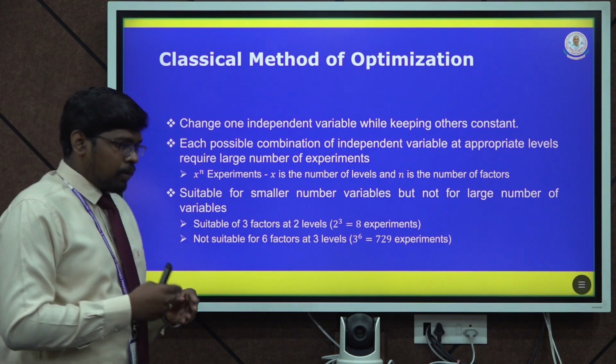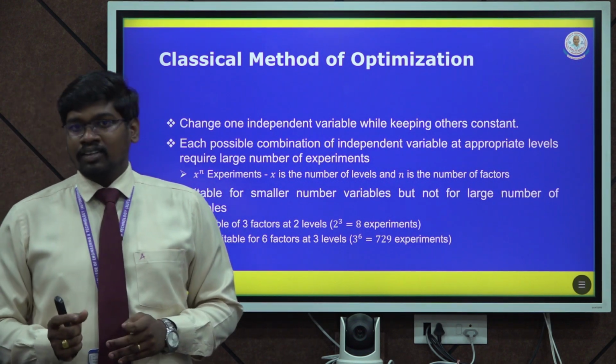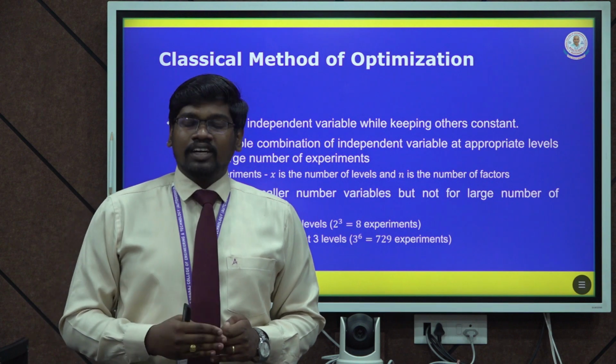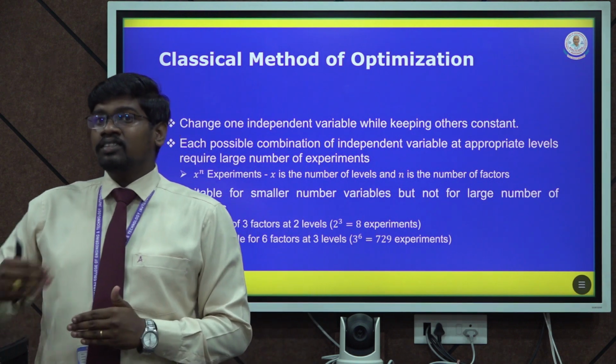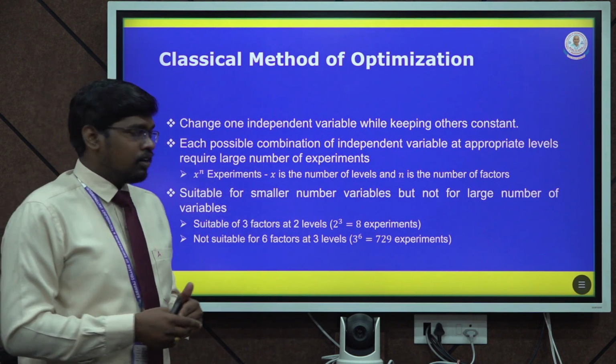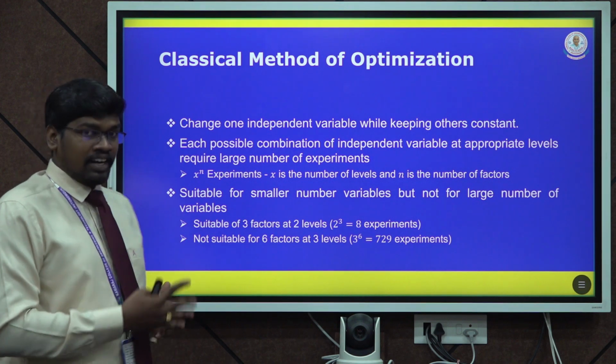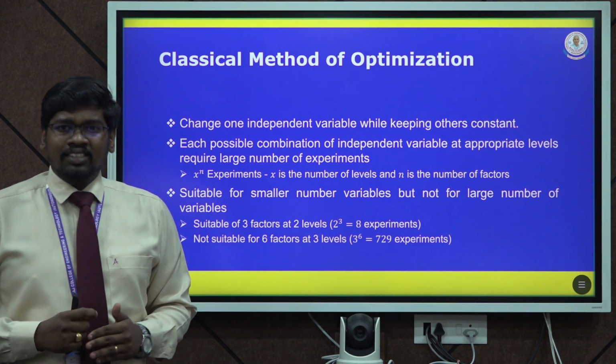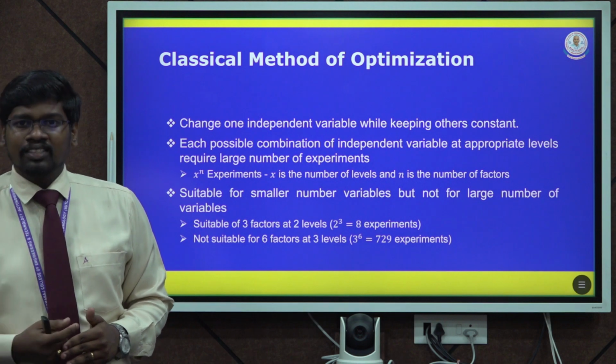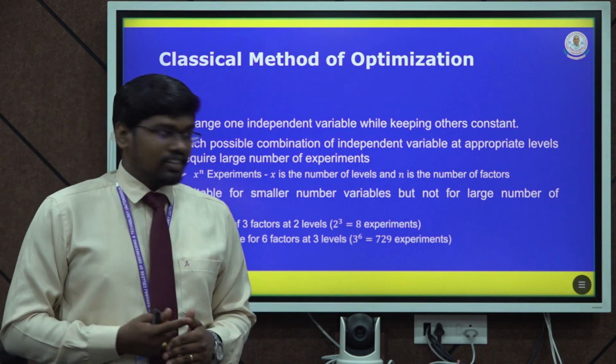It is possible for a smaller number of factors and smaller number of levels, but it is not possible when the factors are increasing. It is designed so that x power n experiments are required, where x is the number of levels and n is the number of factors.